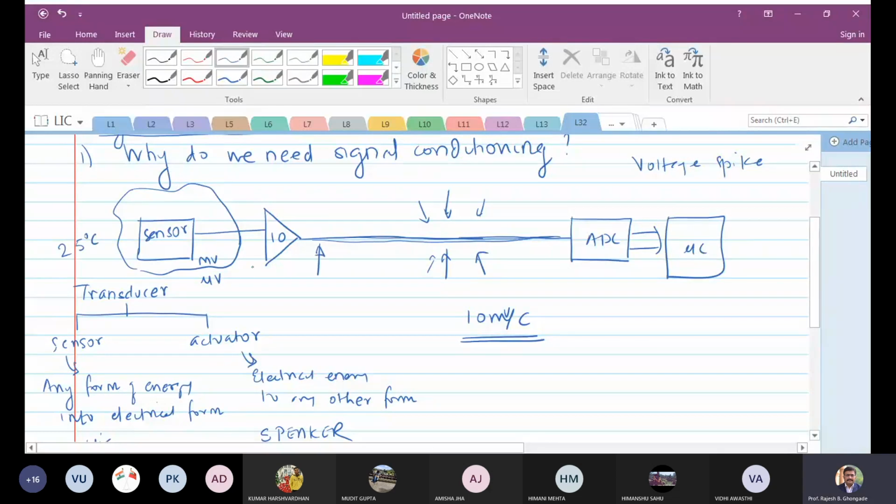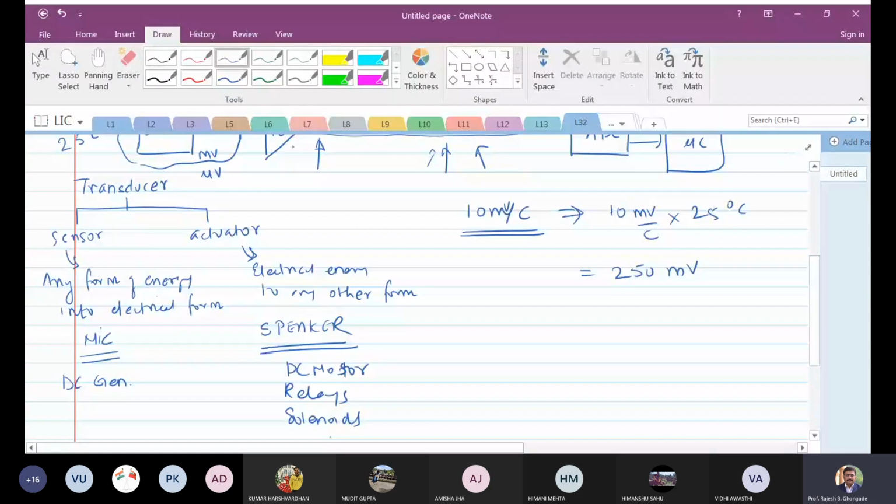The sensor converts at the rate of 10 millivolts per degree Celsius, so at 25 degrees Celsius, it is going to give me 250 millivolts. And I now apply a voltage amplifier of gain 10. So my output voltage is going to be 2.5 volts, right?